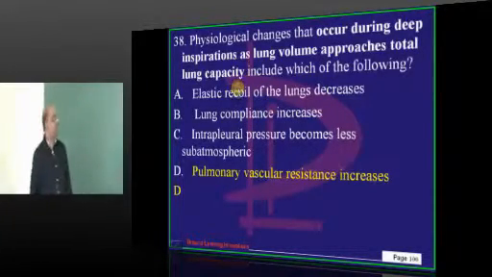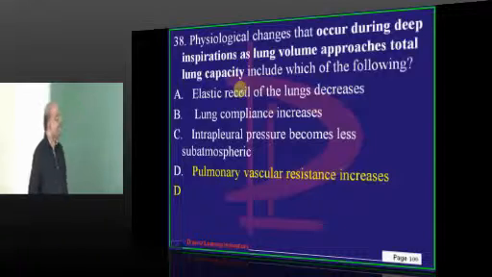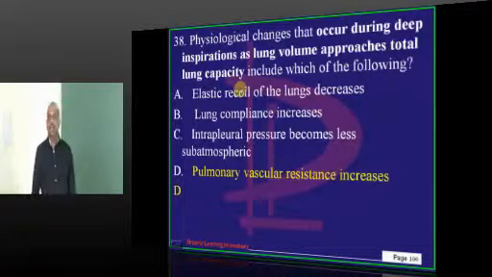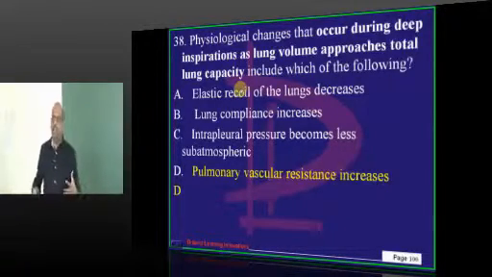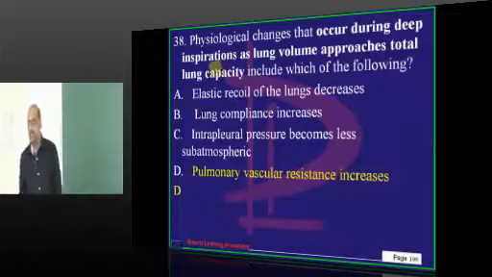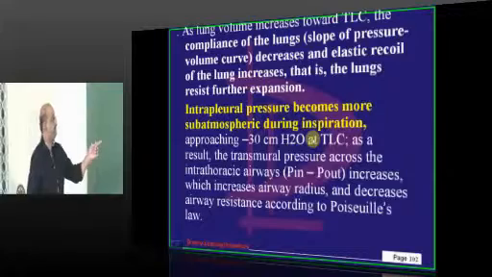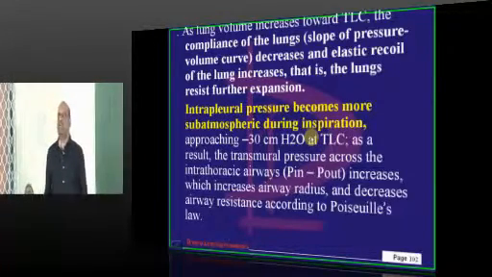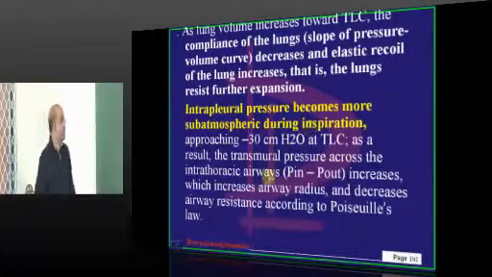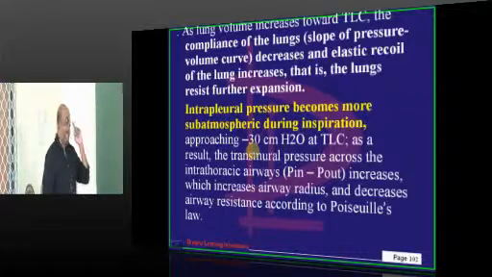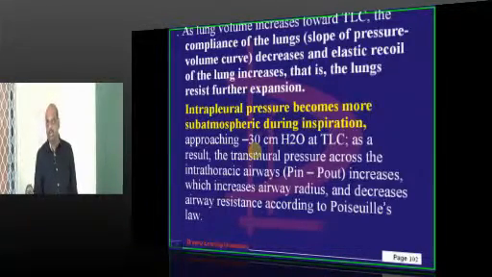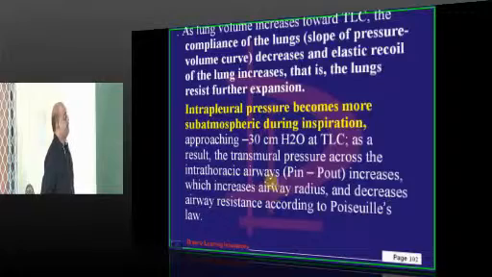Now coming to when the lung approaches deep inspiration, fully inflated, what will happen? Typically the intrapleural pressure becomes more subatmospheric, more negative at the time of inspiration, approaching almost minus 30 centimeters at the total lung capacity.